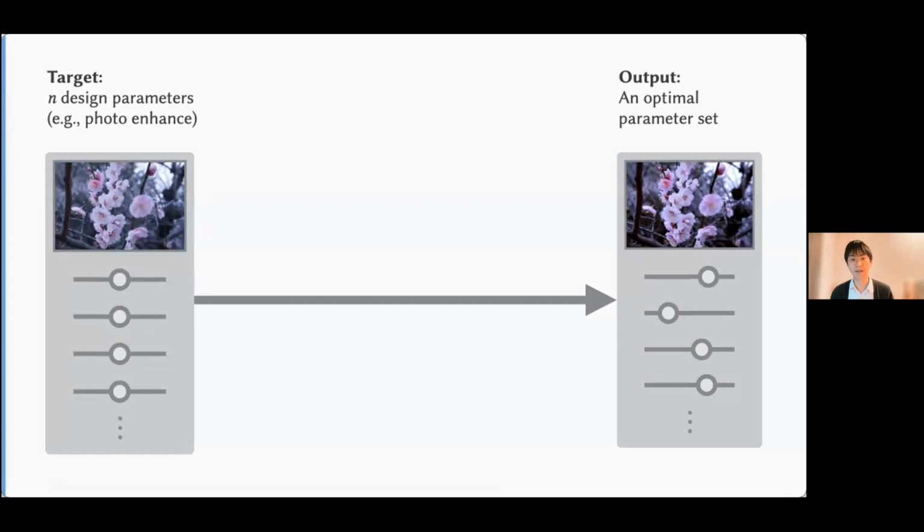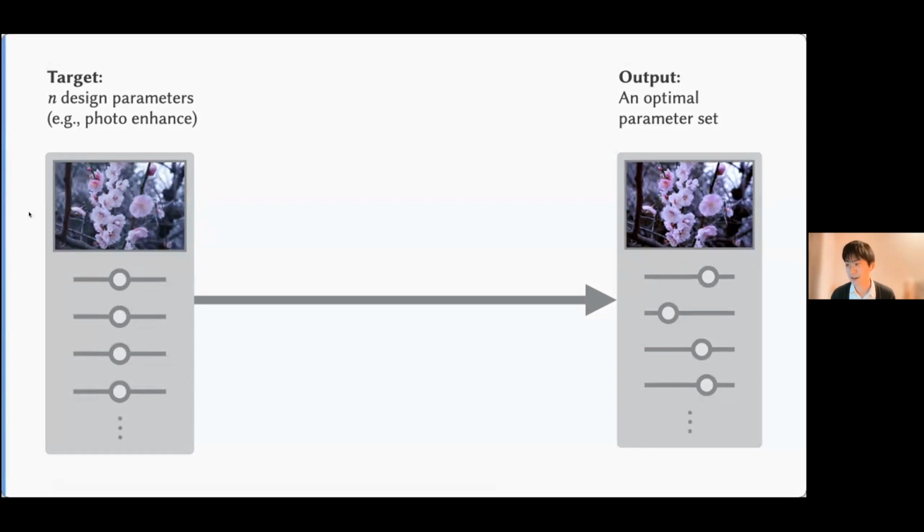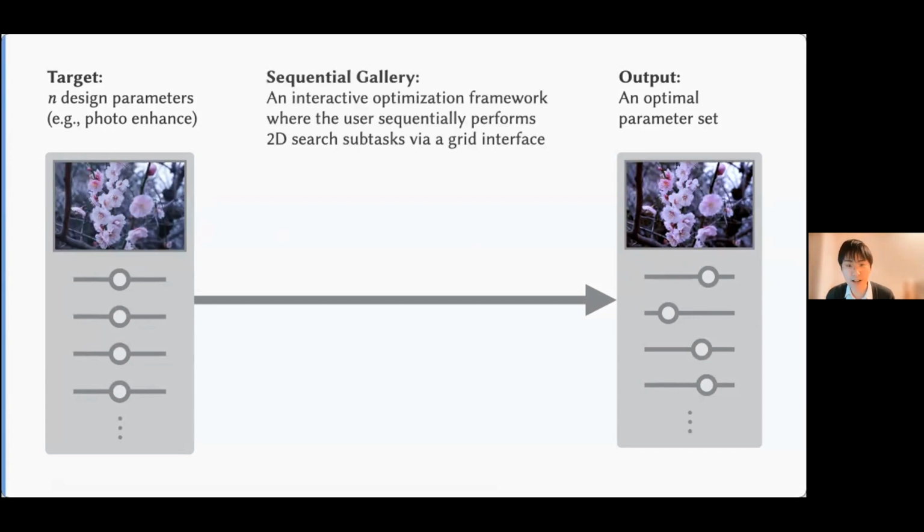Again, our target problem is tweaking a set of design parameters. We want to find an optimal parameter value combination that provides the best look. Sequential Gallery is an interactive optimization system that can be used for this kind of problem.